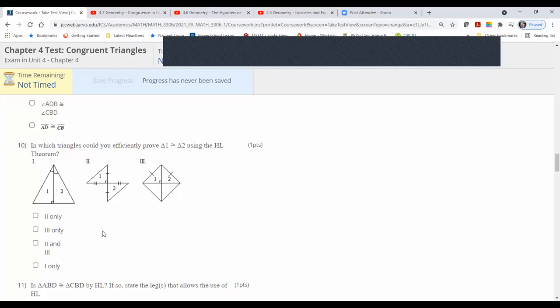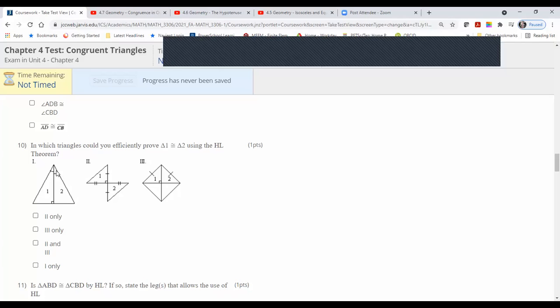Okay. Yeah, the one that is known has to be the hypotenuse, right? I think the answer is only 3, I think. Because do you think the hypotenuse is the same? Yeah, the hypotenuse is the same, right?